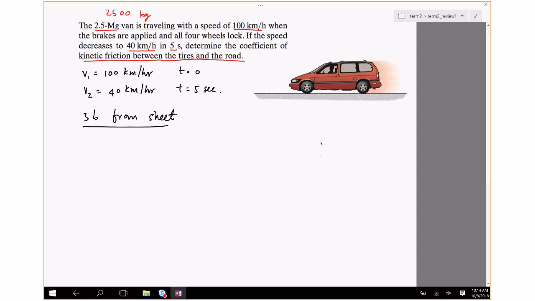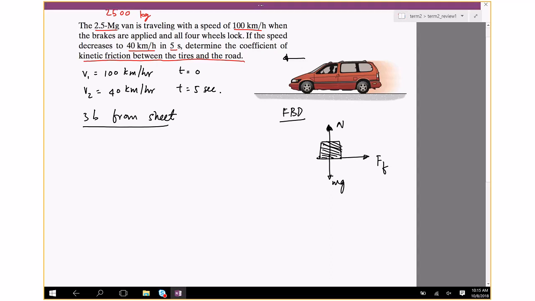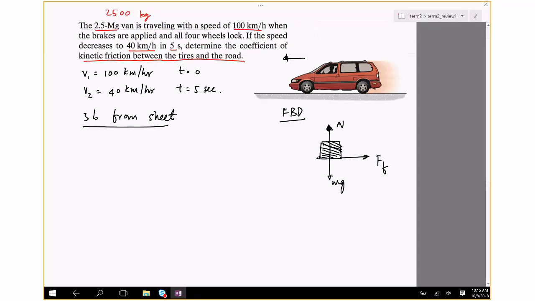So, free body diagram, assuming it's going to the left, N is upwards, mg is downwards, and the friction force is to the right. For a particle, it's okay to draw whatever the object is as a particle or a block, because we don't care about its dimensions. So this is the free body diagram. Try to draw a free body diagram if it's a dynamics problem, please, even if you're not asked.